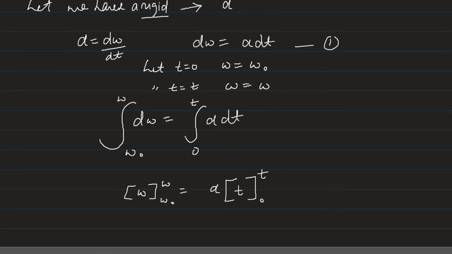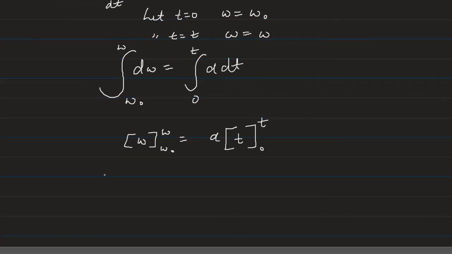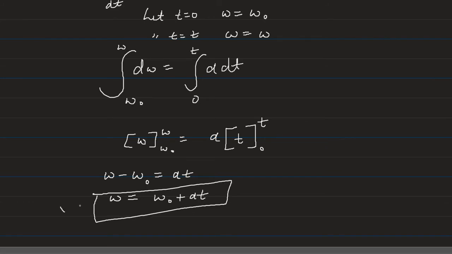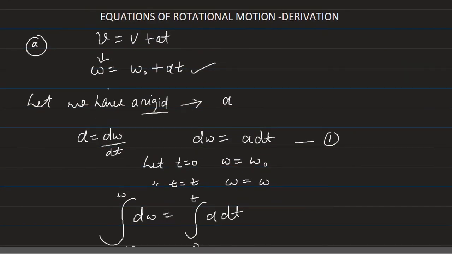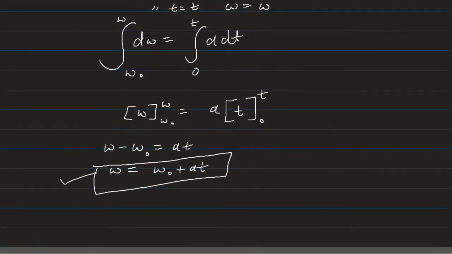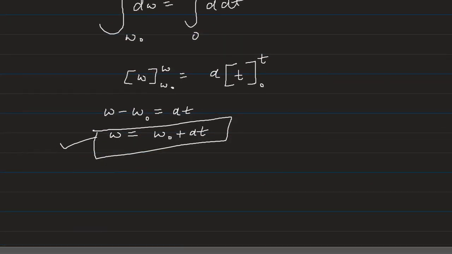So we can put the limits: omega minus omega naught is equal to alpha t. So we can write this as omega is equal to omega naught plus alpha t. So students, this is the derivation of the first equation in rotational mechanics, that is omega is equal to omega naught plus alpha t. We can simply use integral calculus there and get the answer.